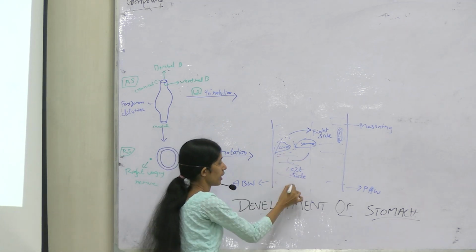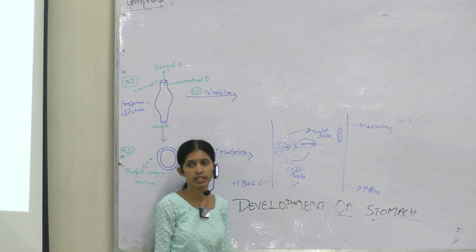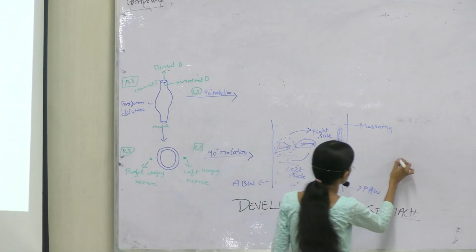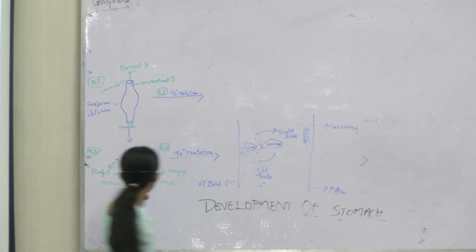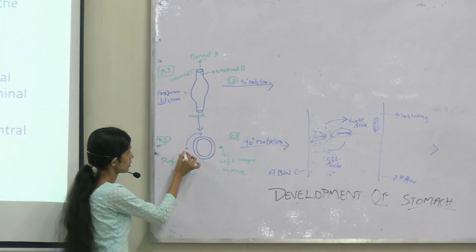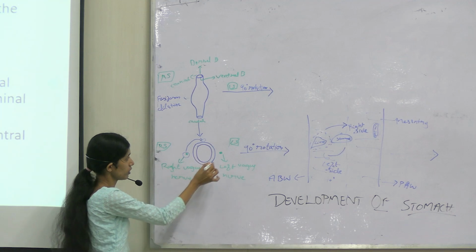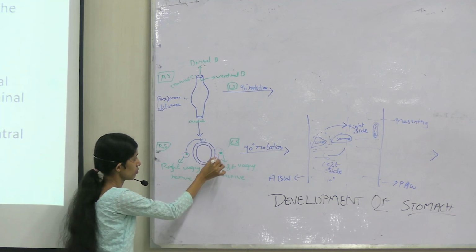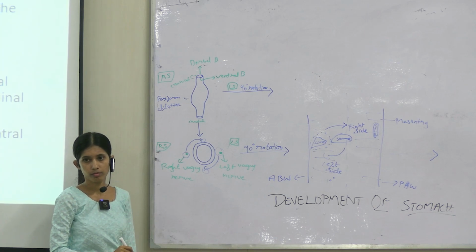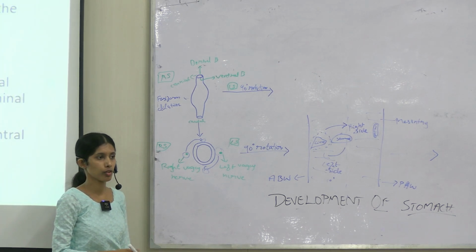This will cause a 90-degree rotation in the developing embryo. Okay. So if it moves 90 degrees, the structure present here will come here, and the structure present here will come to this point, right? Right or wrong?